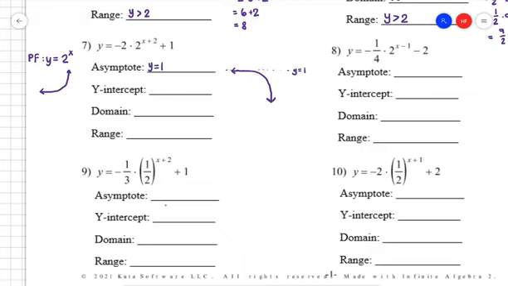So then my values will be everything less than that for the range. Domain is all real numbers. And y-intercept, we'll plug in a 0. Negative 7. So 0, negative 7 for our y-intercept.